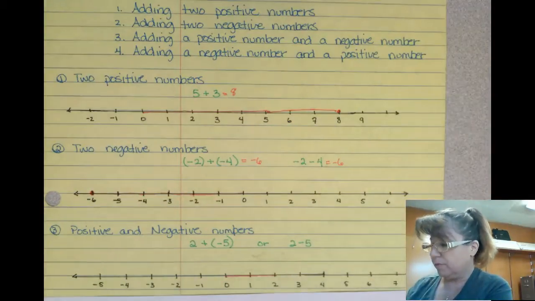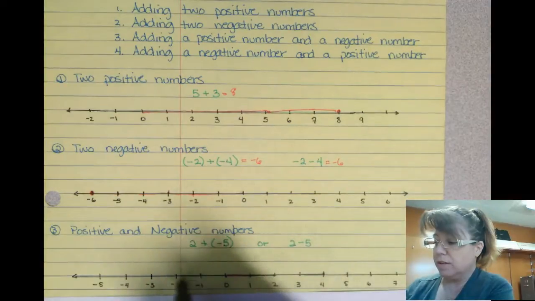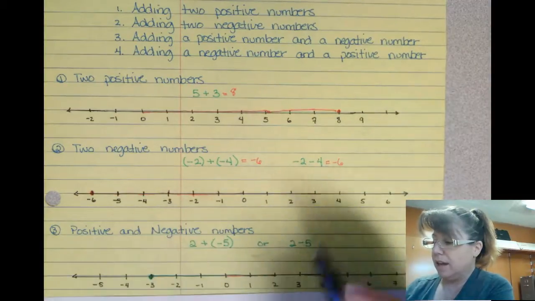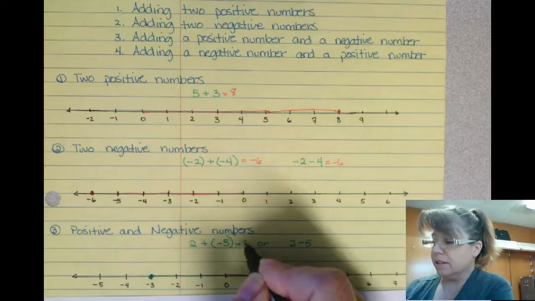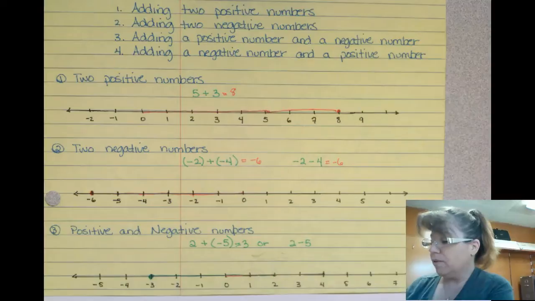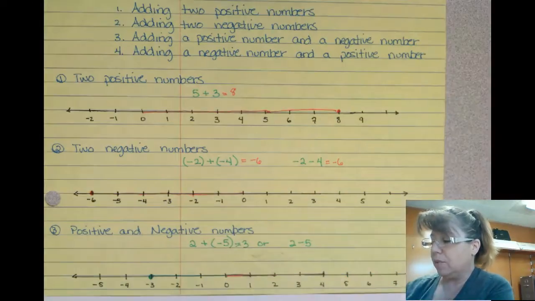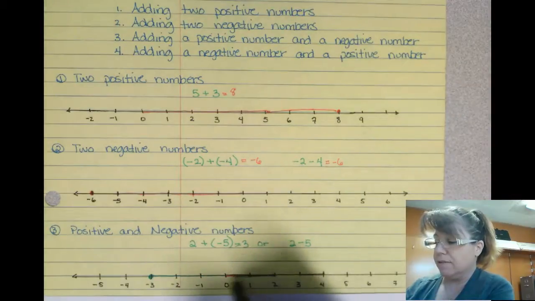So let's go back 1, 2, 3, 4, 5. And our answer is -3. Okay? So I went forward 2, and then I went back 5.